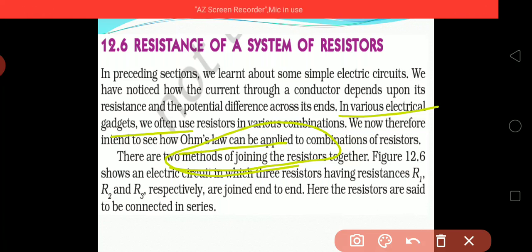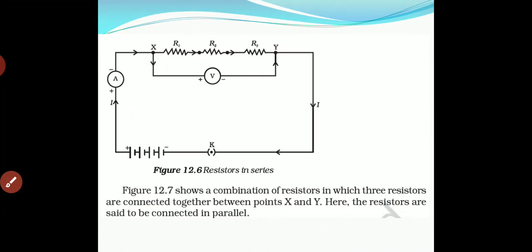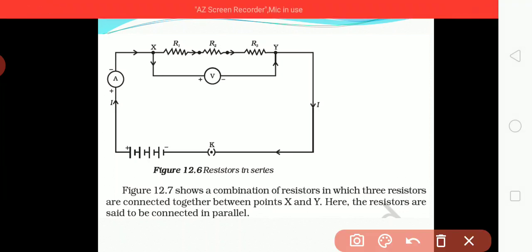Here the resistors are said to be connected in series. In figure 12.6, which we will see now, you can see that resistors R1, R2 and R3 are connected in series. You can see that this is a series connection.